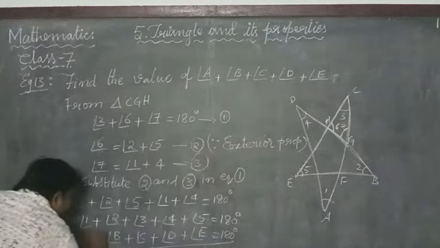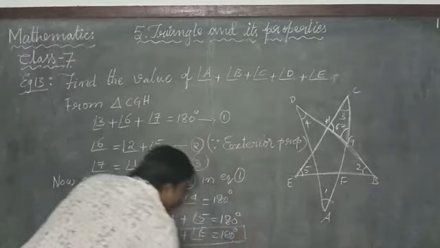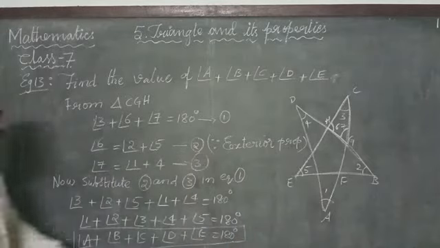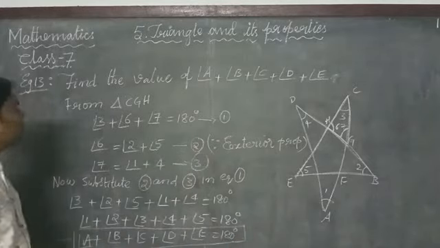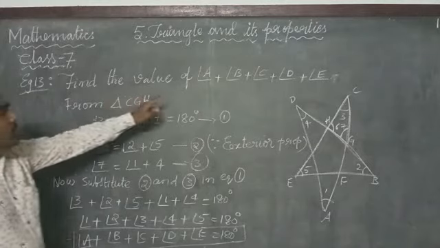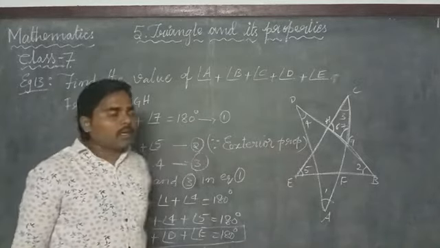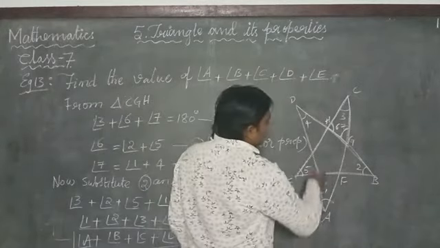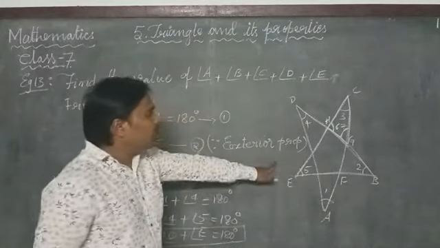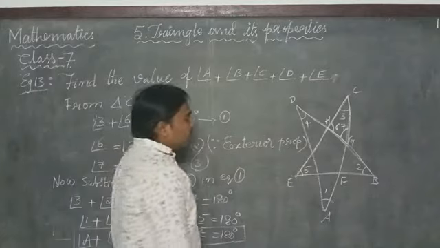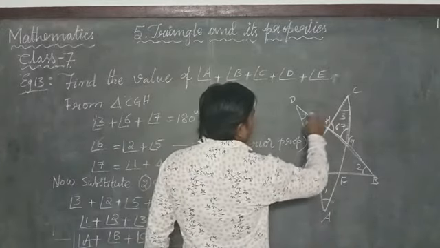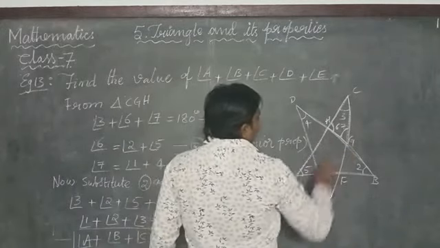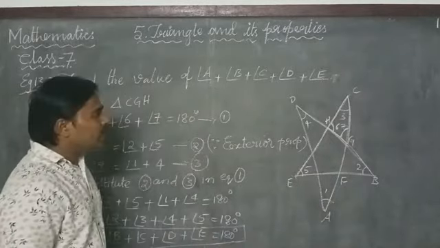The sum of angle A plus angle B plus angle C plus angle D plus angle E equals 180 degrees. Once again, we find the sum of the angles in the given figure, which is the shape of a star, with angles 1 to 7.